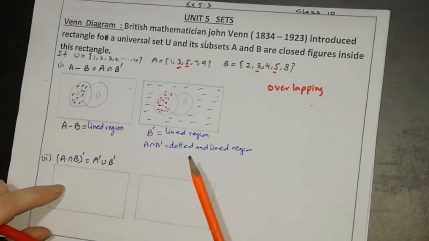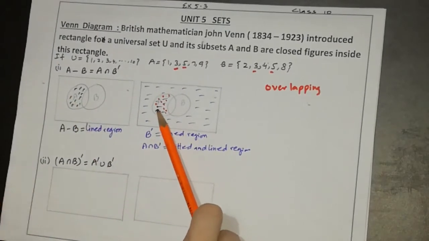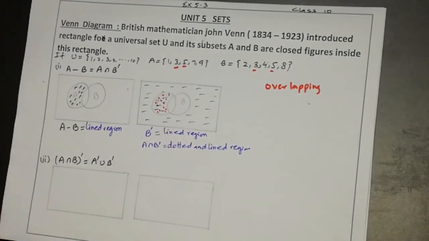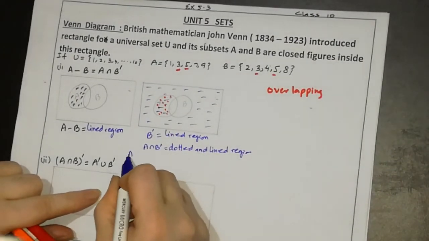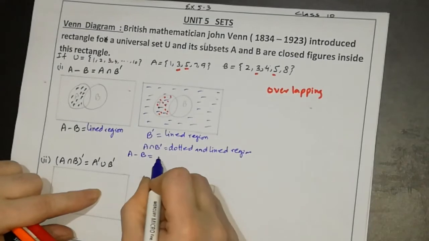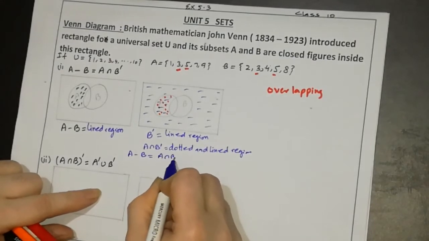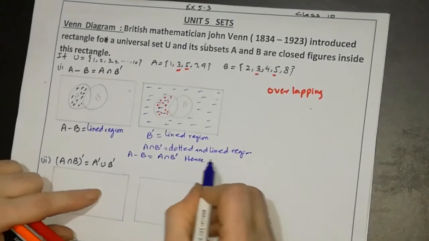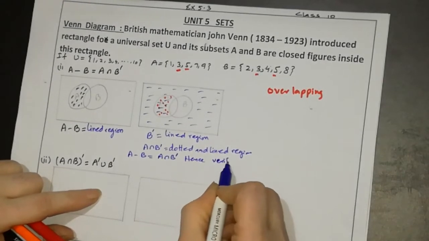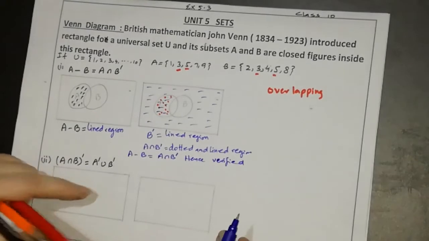Here this is a lined region and here is a dotted and lined region. So, it means that they are the same. So, we say that A minus B is equal to A intersection B complement. So, hence verified.